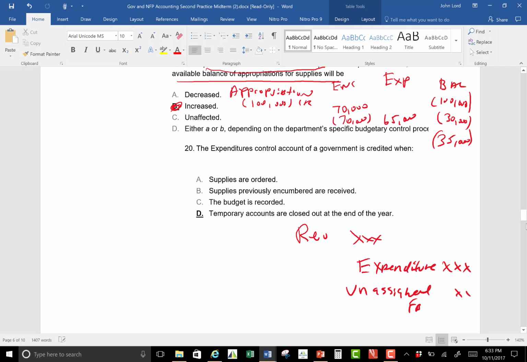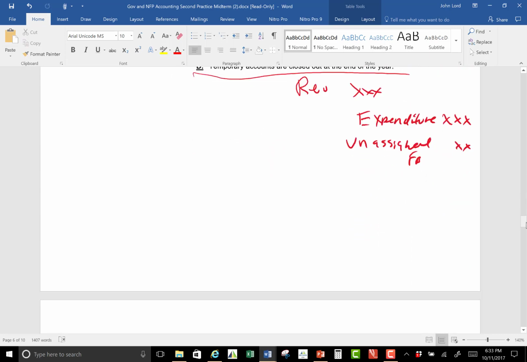So is it true that the temporary accounts are closed at the end of the year? And you would close the expenditure account to close it? Okay. 21.